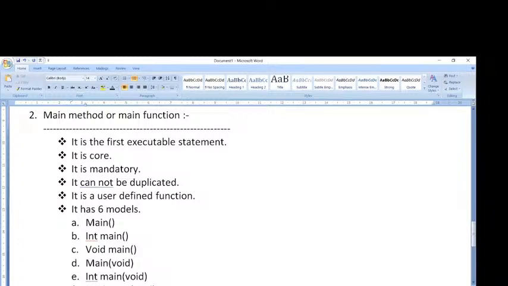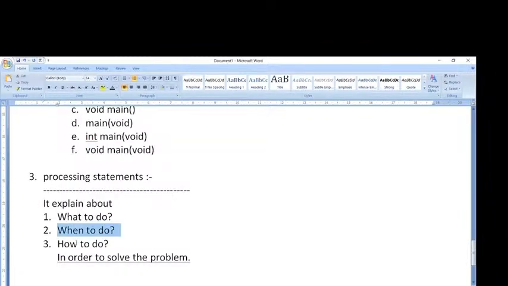Third, how to do it. If you want to solve the problem, what you have to do, when you have to do, how you have to do, those steps will be explained by using processing statements.